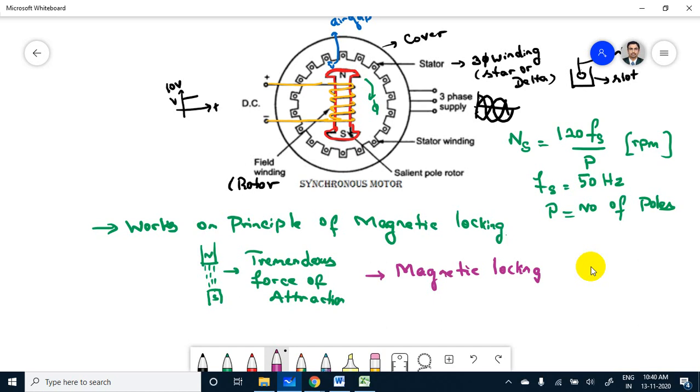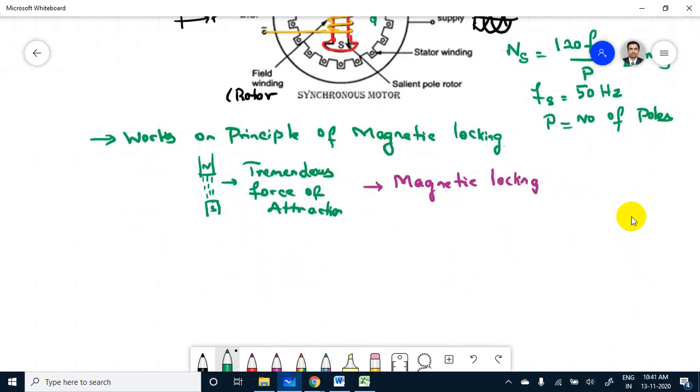Now if these two poles are in rotation, that is, if two magnets or poles are in rotation, rotation means it will be like this.